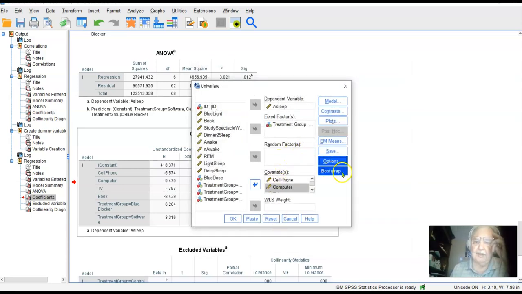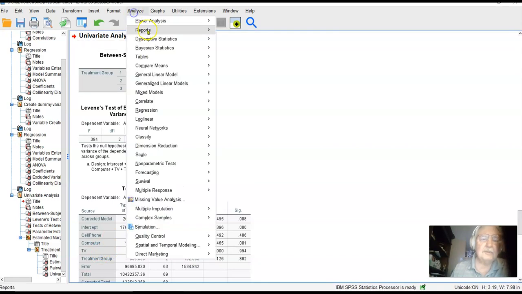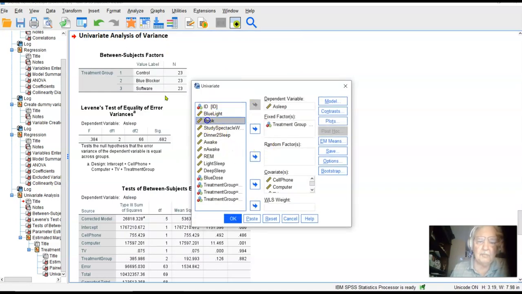So again, we can do that bootstrap if things were misbehaving. All right, okay. Now what do we get? Now treatment group comes out as a single variable, but if we look at these, oh, I forgot book. Let's do it. Analyze, general linear, univariate, book.